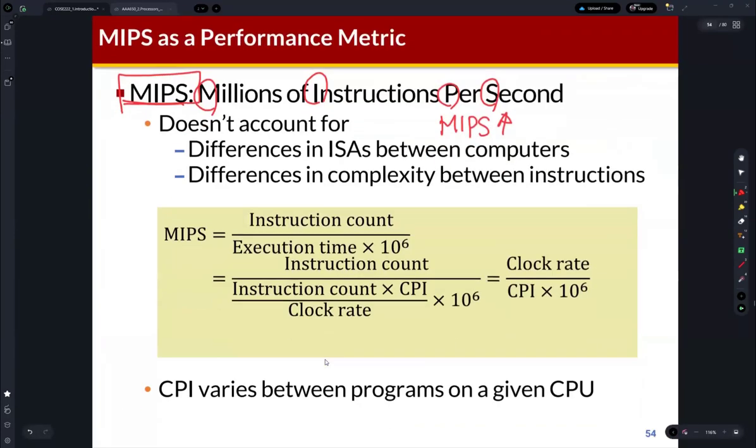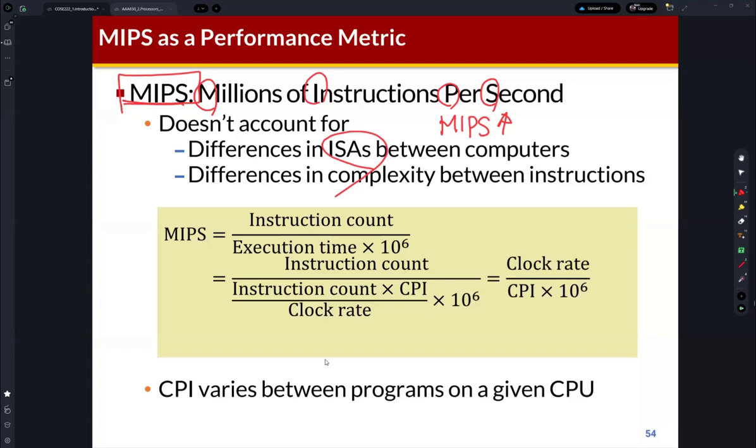In order to use the MIPS as a performance metric, we need to assume that we use the same ISA, the instruction set architecture. Also, we need to use the same compiler options, and also the same compiler.